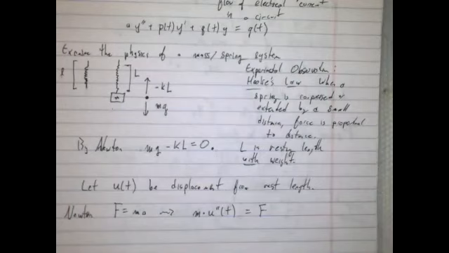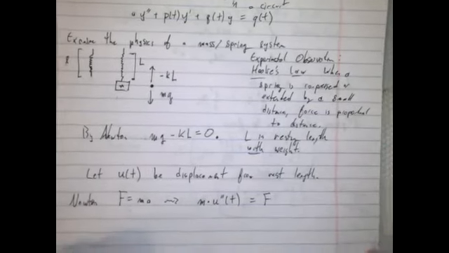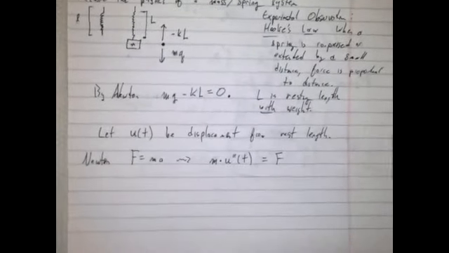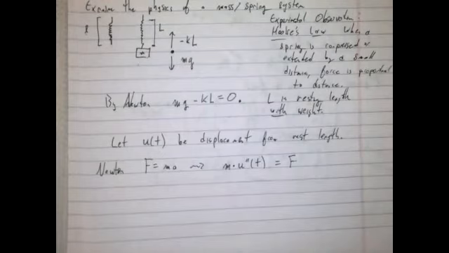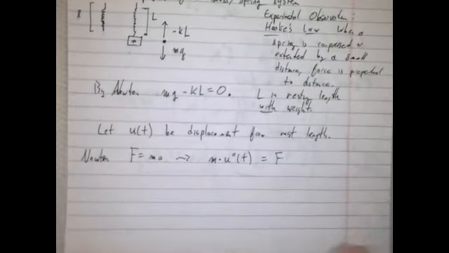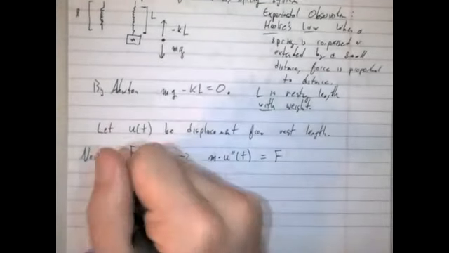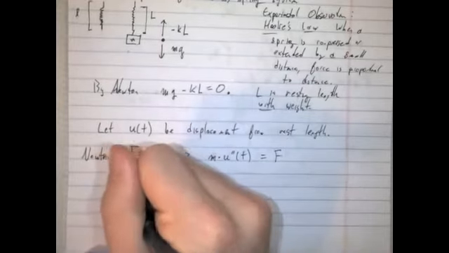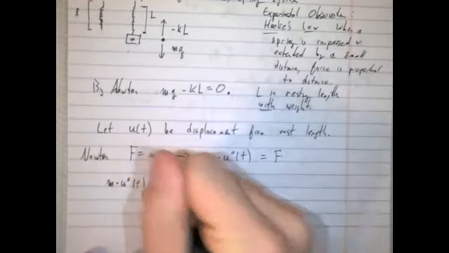We all right with this so far? Yeah. Okay. Now the physicists just pile on a huge number of possible forces that they want to consider that might be acting on this system. So let's write them all out. m times u double prime of t.